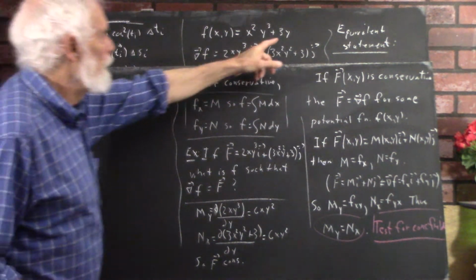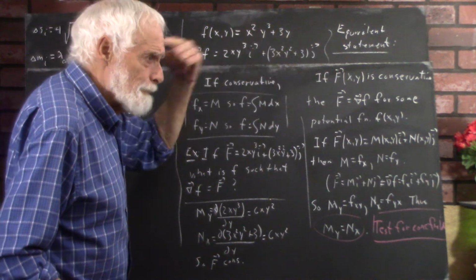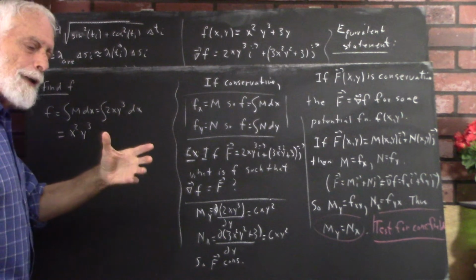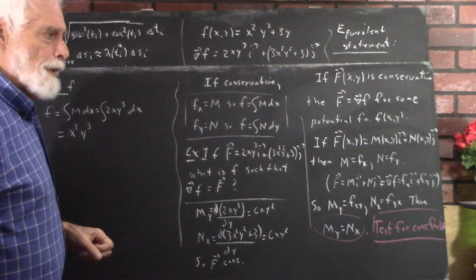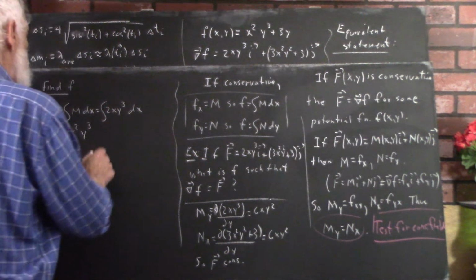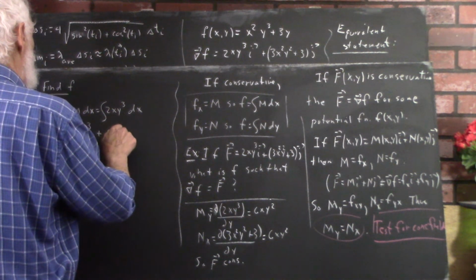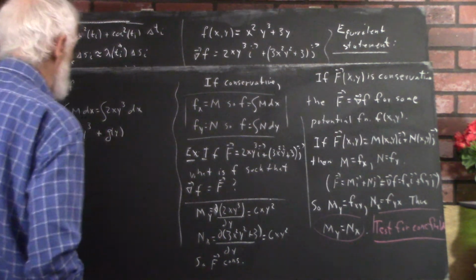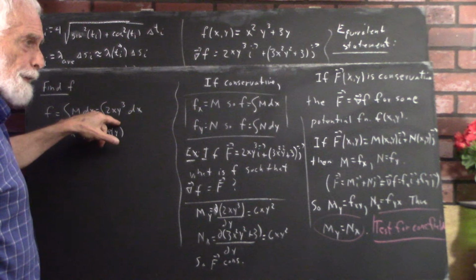Okay, but we don't have the 3y, so we better panic. Or, remember that we're integrating with respect to x, so any function of y doesn't change the fact that this is an antiderivative of this.